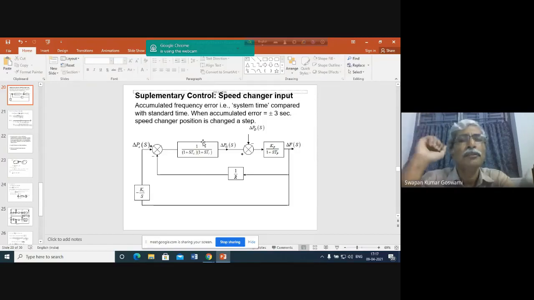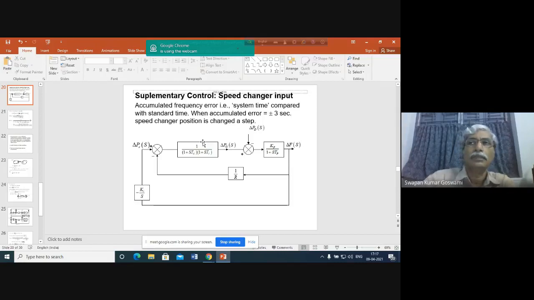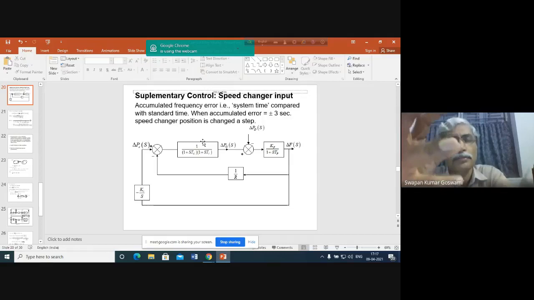If you see the frequency of our system before 2002-2003, you will get the picture of those days' frequency, which was varying over a wide range, say 47 hertz sometimes when the load is high, and when the load is very low, say 52 hertz. This much of wide frequency variation was there.